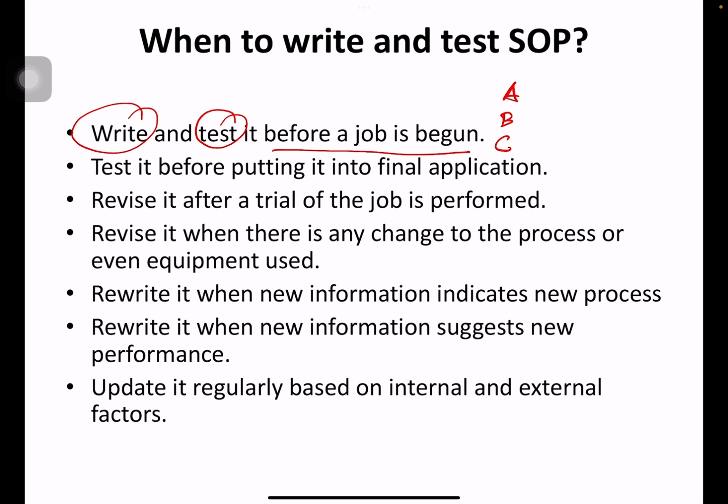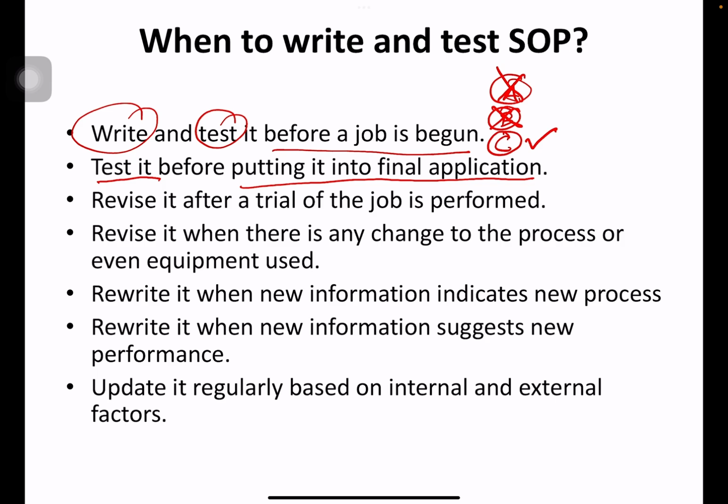After you have used each of the methods, you found out that method C is the most suitable procedure to perform the task, while method A and method B are not suitable. Then you need to test the SOP before putting it into final application. So C is going to be the most suitable method, for example, and you need to test it again before it comes into documentation.